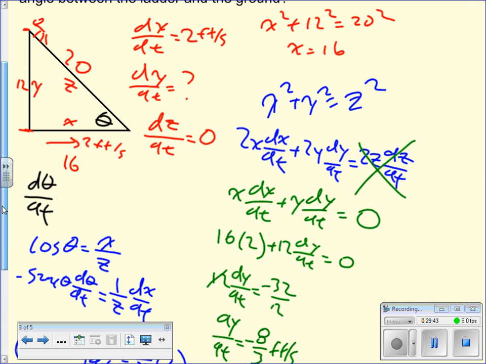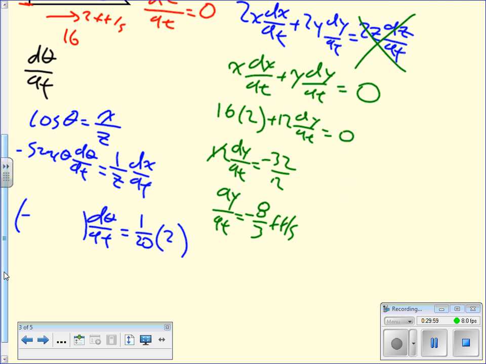Well, sine is what in a right triangle? Opposite over hypotenuse. So the sine of theta is what? 12 over 20, which reduces down to 3/5. Negative 3/5. Because we have a triangle specifically we're working with, so we know what sine of theta is.